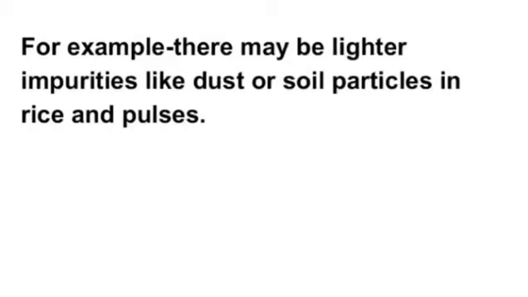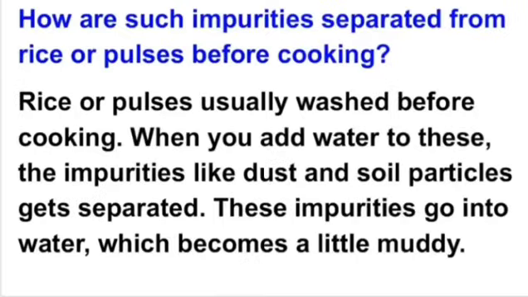We can separate the stones from rice and pulses, the larger impurities, by hand picking. But how can we remove the lighter impurities like dust or soil? How are such impurities separated from rice or pulses before cooking?